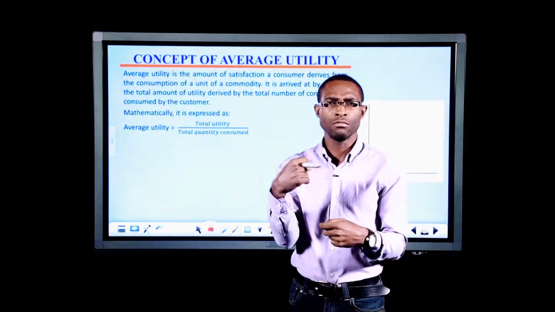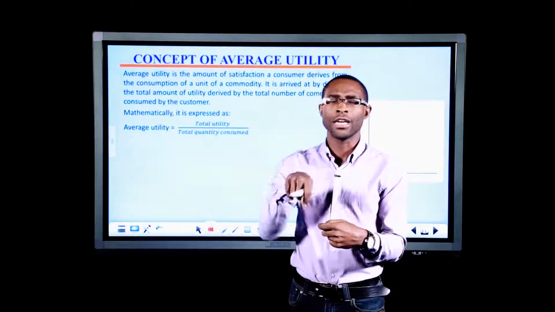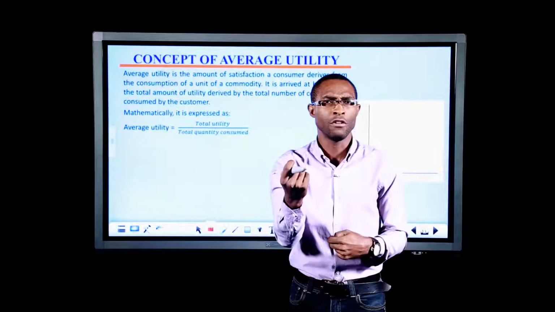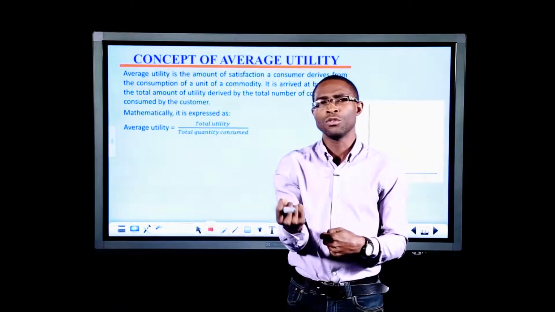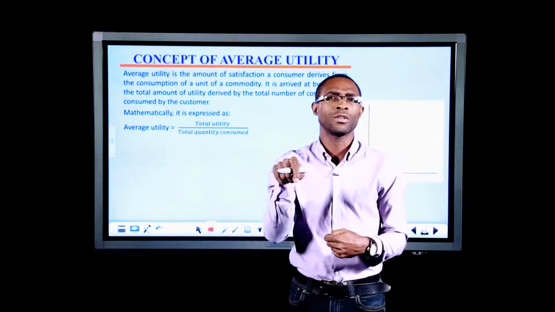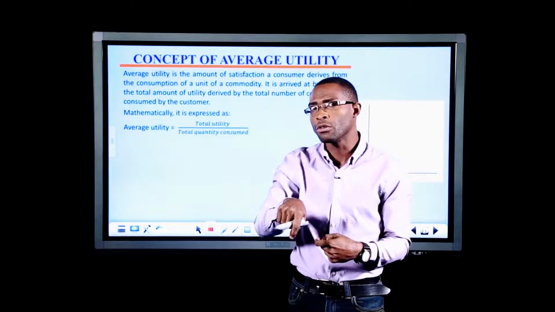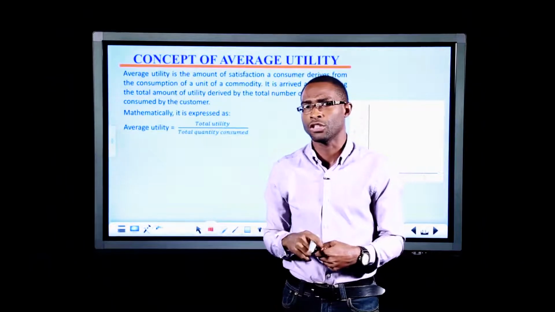You take one, you're not satisfied, you take another. Average utility measures the satisfaction you derive from consuming each piece of biscuit. That means when you took the first one, we ought to calculate the satisfaction you derived, and then when you took the second one, we also have to calculate the satisfaction you derived.